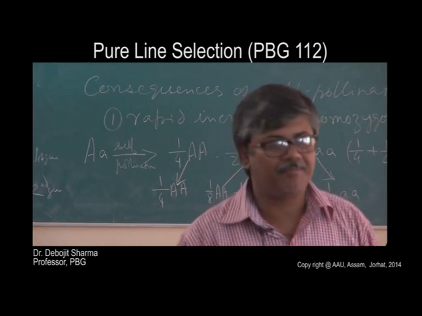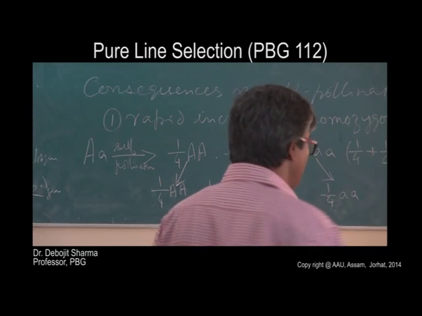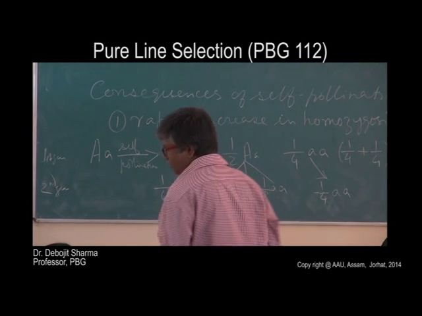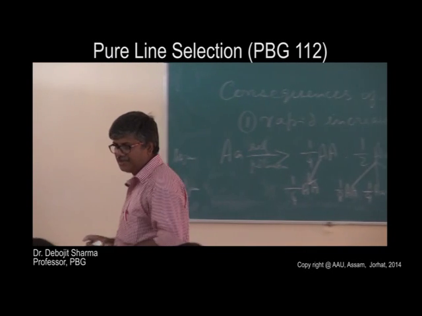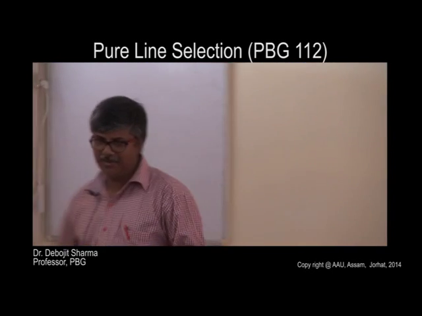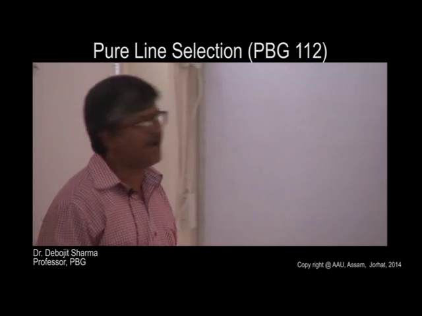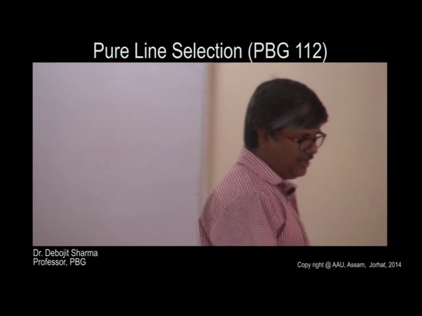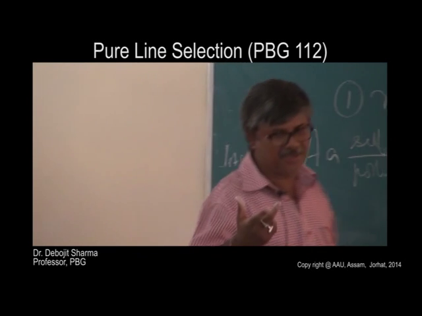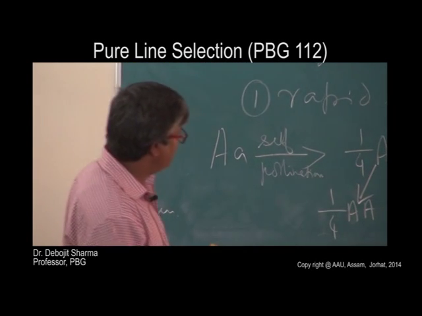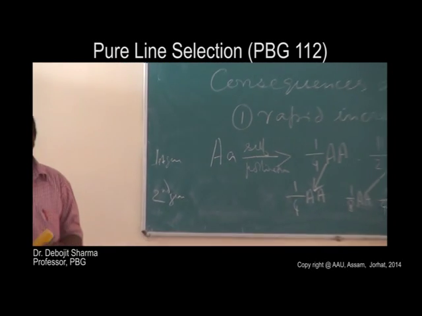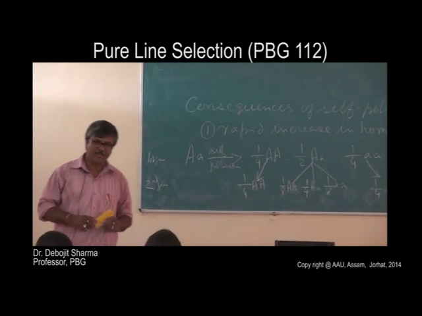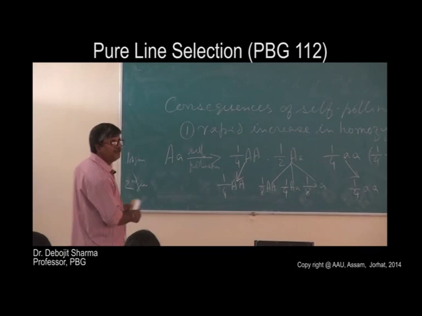We have seen that after the first generation of self-pollination of an individual heterozygous for a single gene, there is a 50% reduction in heterozygosity, or in turn 50% increase in homozygosity. In the second generation, it is 75% homozygosity. So there is rapid increase in homozygosity.